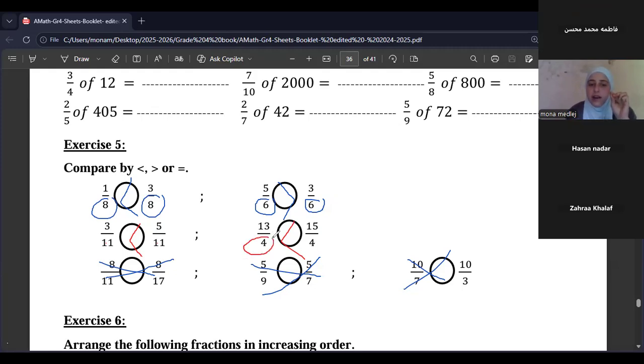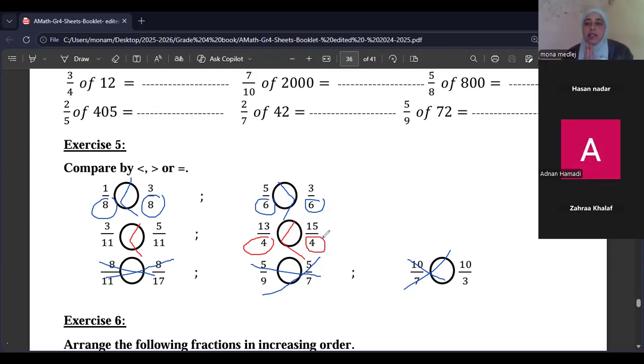So here the 4 in the denominators is the same. So when the denominators are the same, we compare the numerators. 15 is bigger than 13. So the fraction 15/4 is bigger than 13/4. Do you understand? Check your answers fast.